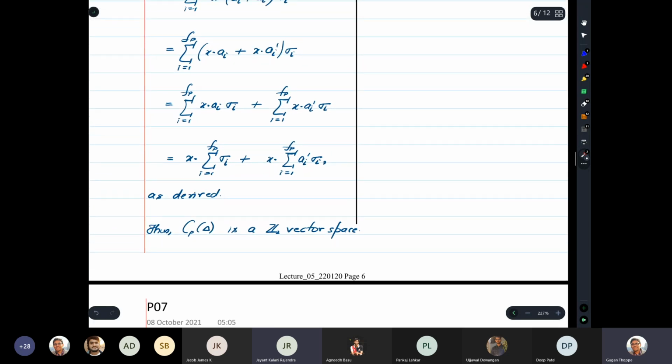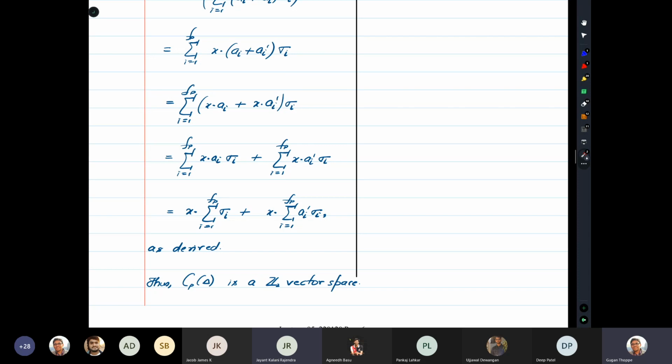Let me pause here for a couple of seconds if there are any questions with regards to how we went about defining the addition operation, how we went about defining the scalar multiplication operation, and how we verified that this addition and scalar multiplication, the way we have defined, ensures that this CP delta is actually a Z2 vector space.